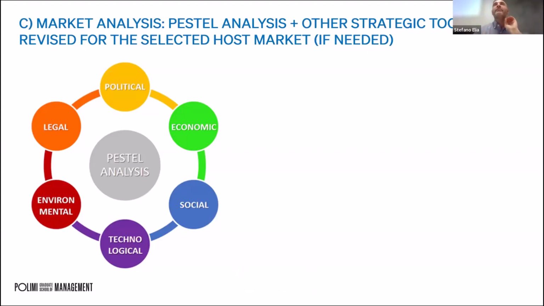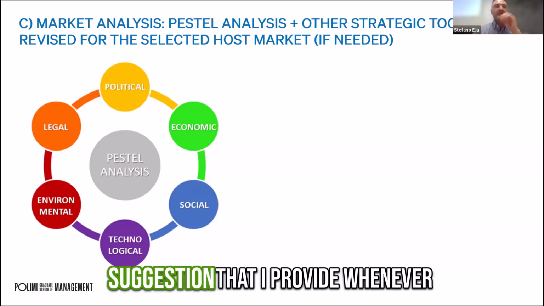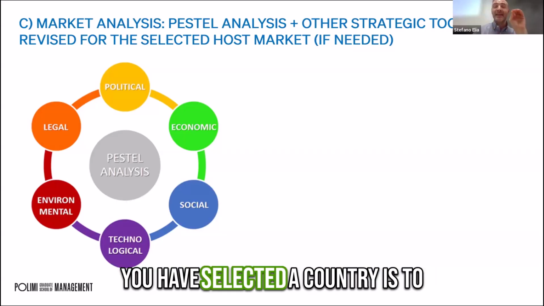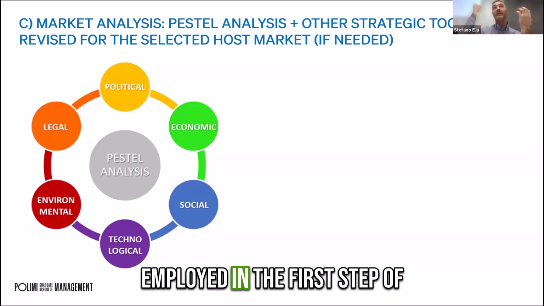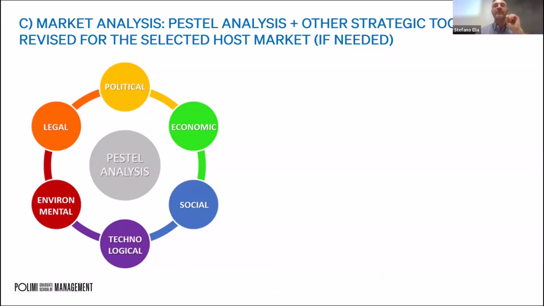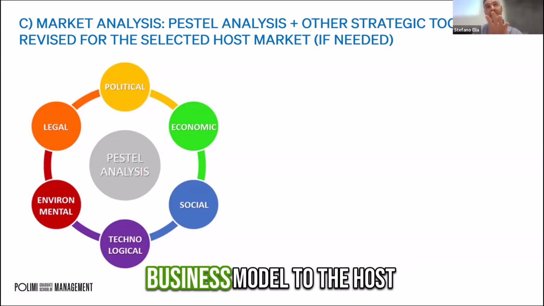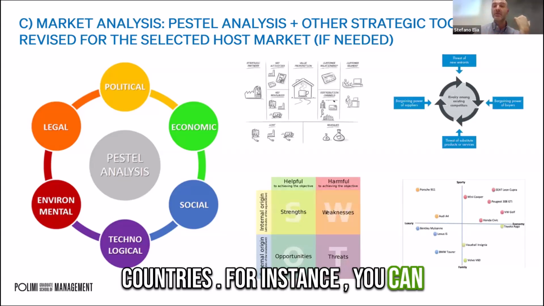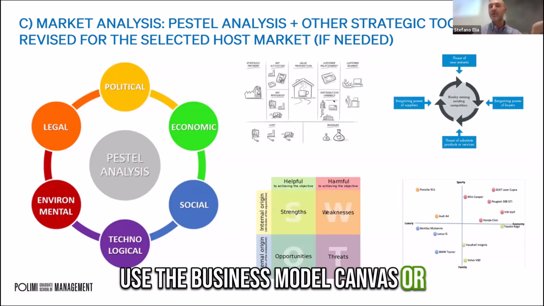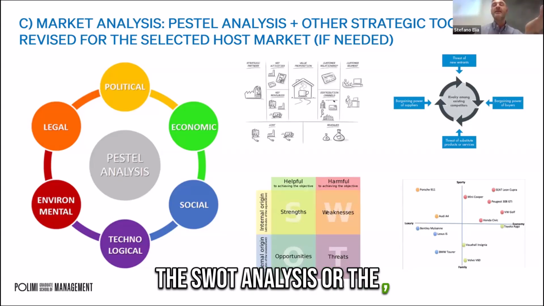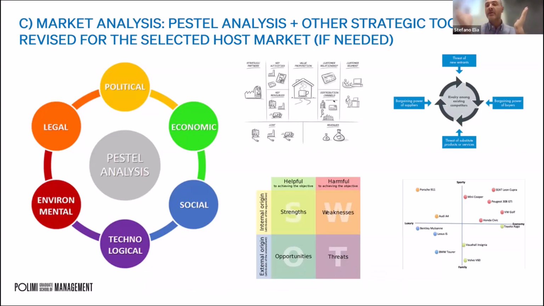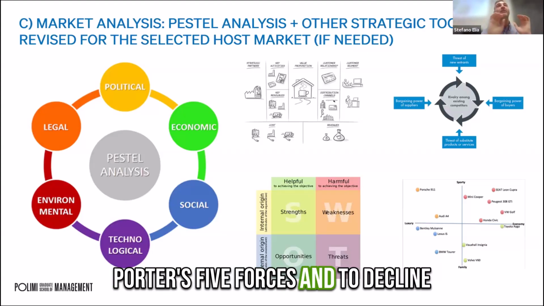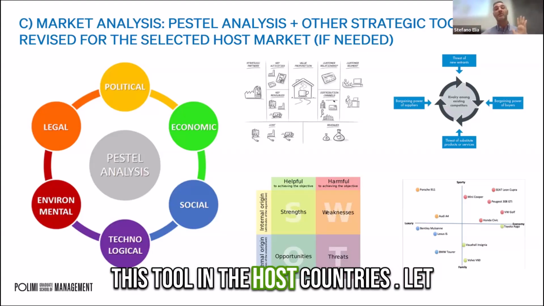But then another suggestion that I provide whenever you have selected a country is to use the tools that you employed in the first step of internationalization and adapt them in order to adapt the business model to the host countries. For instance, you can use the business model canvas, the SWOT analysis, the competitors map, or Porter's five forces, and decline these tools in the host countries.